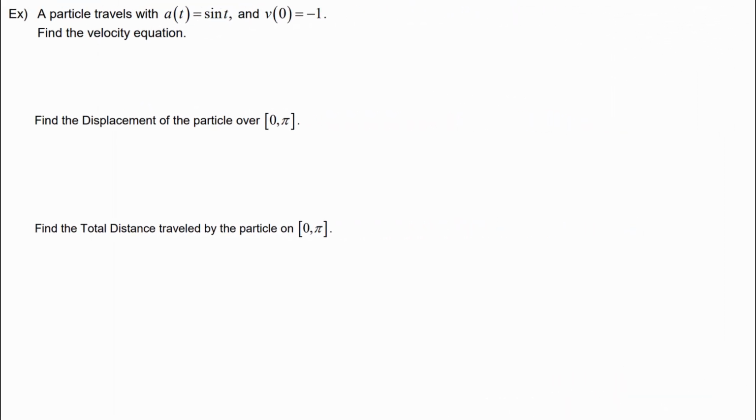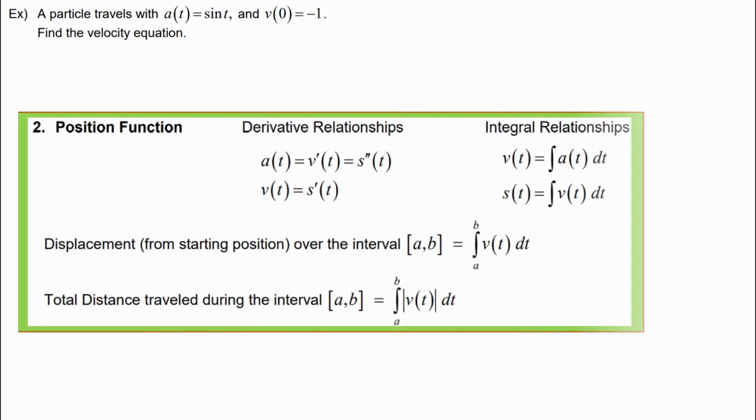Let's do another example. A particle travels with a of t, the acceleration function, equal to sine t, and v of 0, the velocity function at time 0, is negative 1. Find the velocity equation. We just learned that the velocity function can be found by taking the integral of the acceleration function.